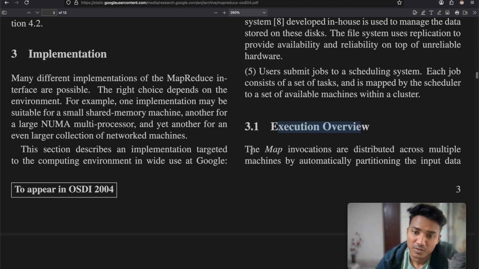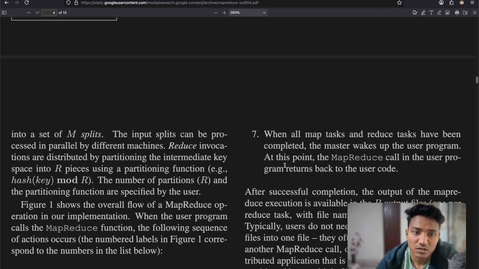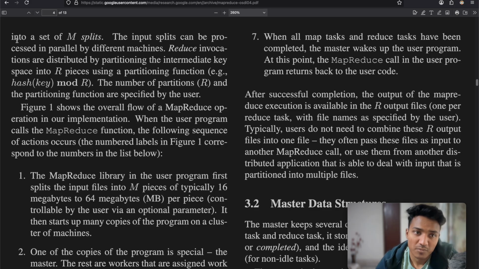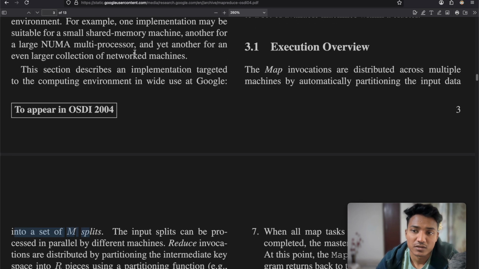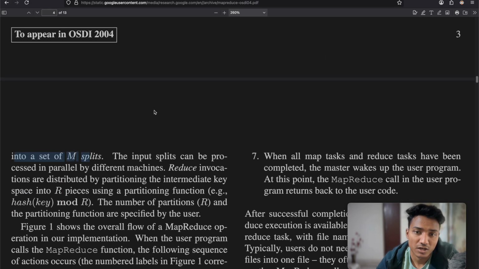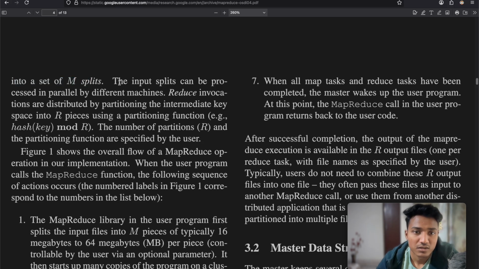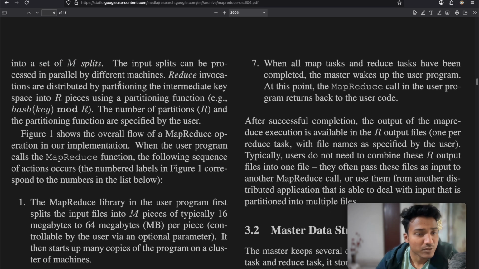Execution overview. The map invocations are distributed across multiple machines by automatically partitioning the input data into a set of M splits. The input splits can be processed in parallel by different machines.